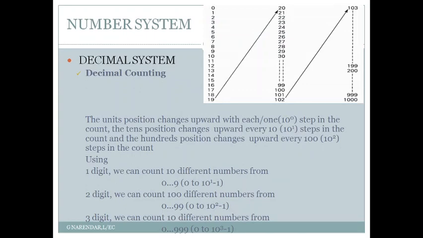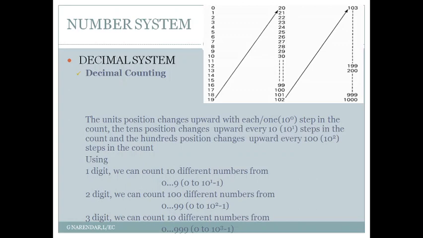And after that, we have seen the decimal counting, how the counting actually happens in the decimal system, and how we use the same 10 digits to form the next higher count.